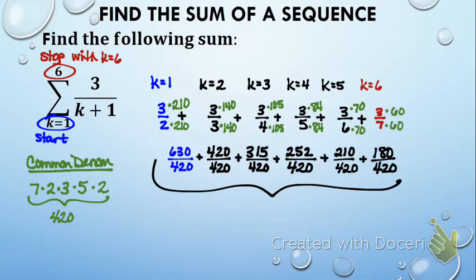Adding all of those together gives us what? I know the denominator already. That is what it will be after it reduces.